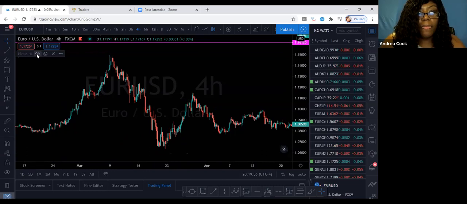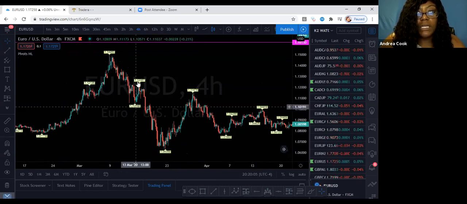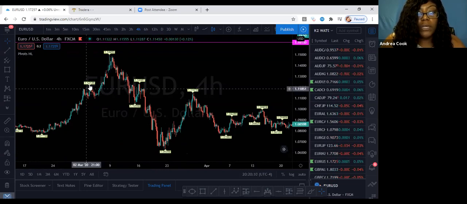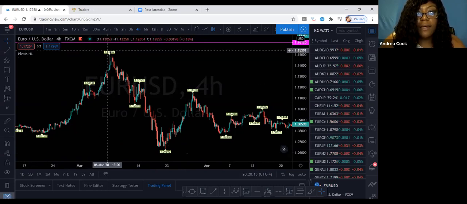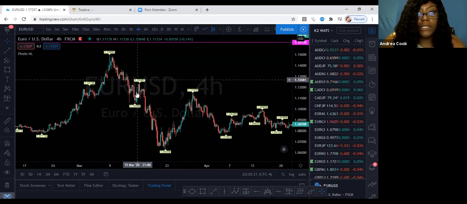Now, remember with the pivots, when price is over it, it's a high. When price is under it, it's a low, right? So even though price was going up here, we're in an uptrend. It's making a higher high, coming down, right? What is it making?